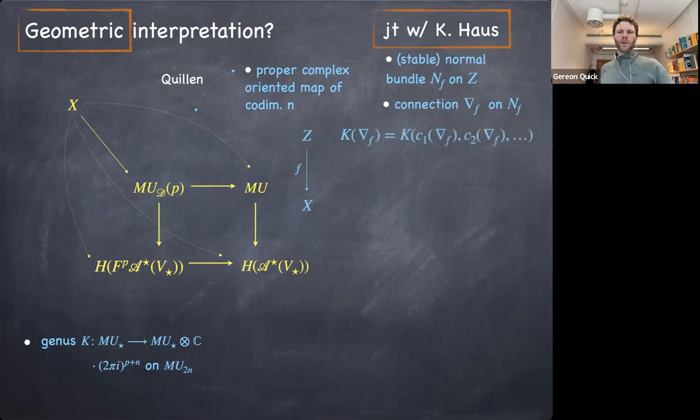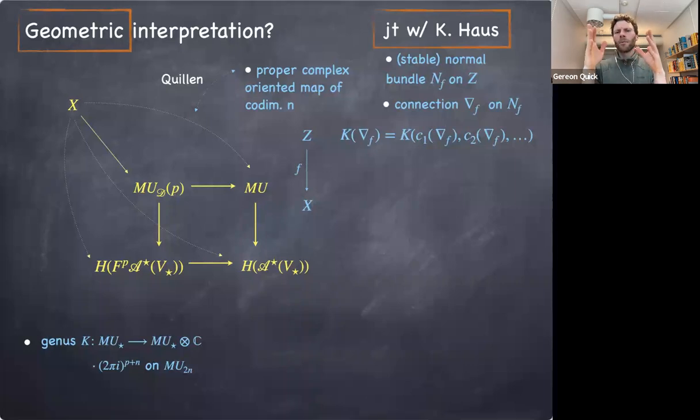And then we're going to use this to look at a form that we built from our connection nabla F. So we take the Chern classes, the total Chern class of this connection, which is defined using some formula with the determinant and involving the curvature of our connection. And then we plug this into our multiplicative sequence.